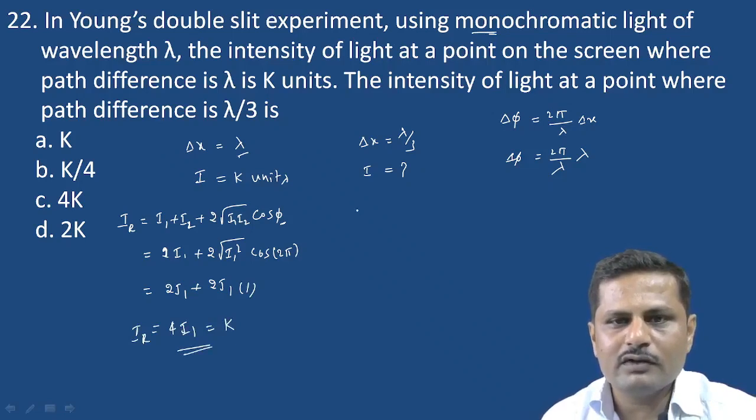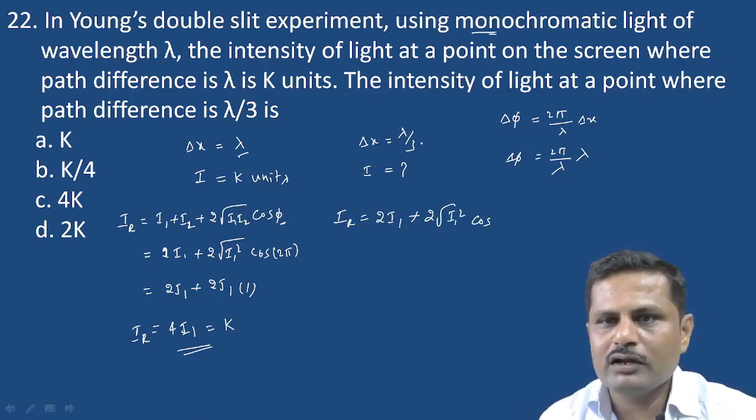Now in the second case, we are using the same light, so we can write directly 2I1 plus 2 root I1 square times cos psi. In place of psi we write delta phi equal to 2 pi by lambda into delta x, where delta x is lambda by 3.